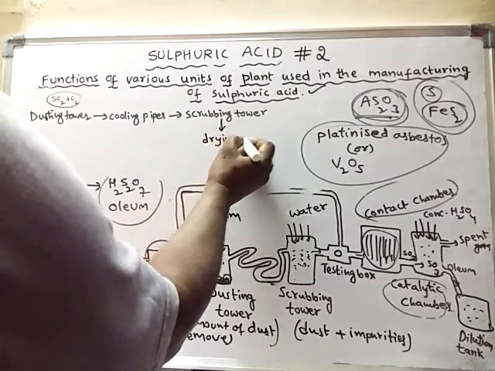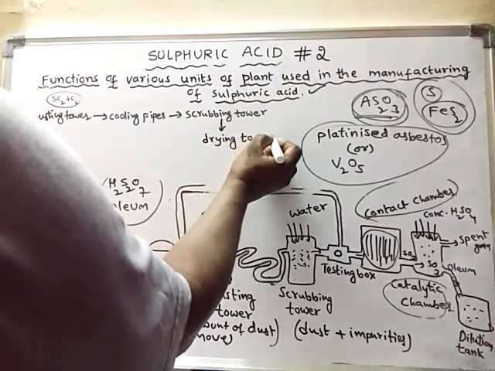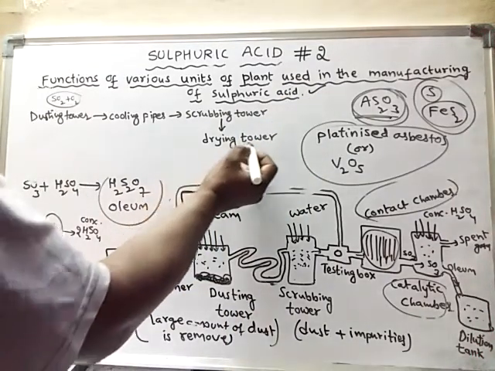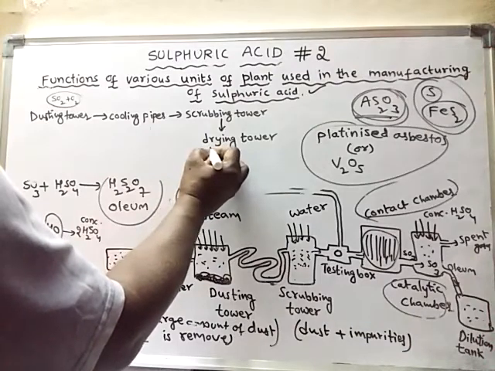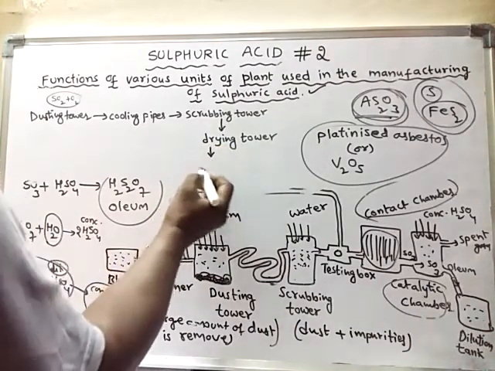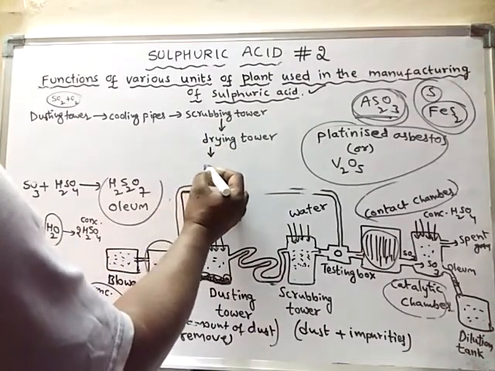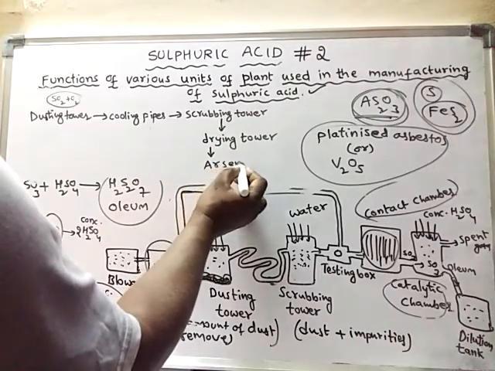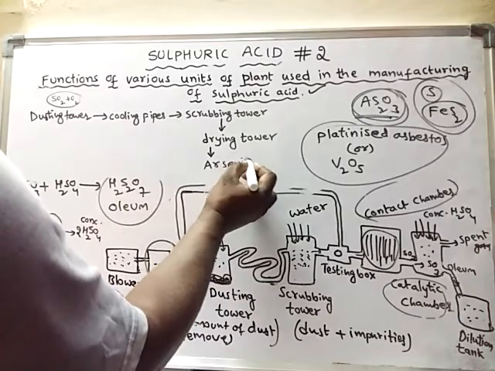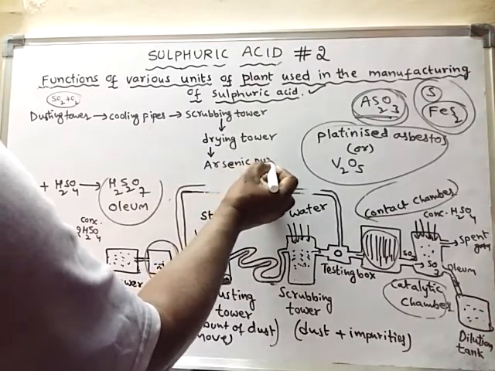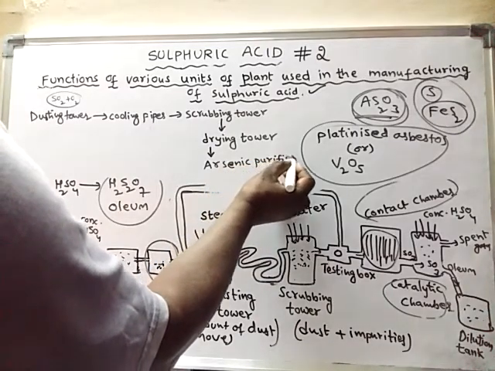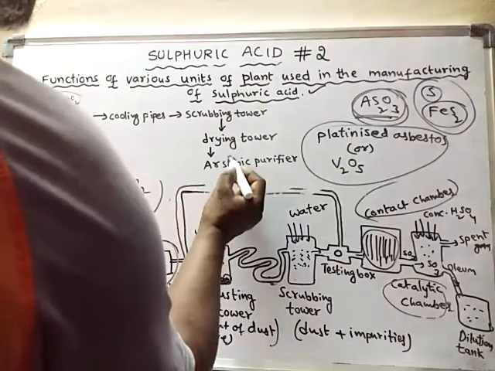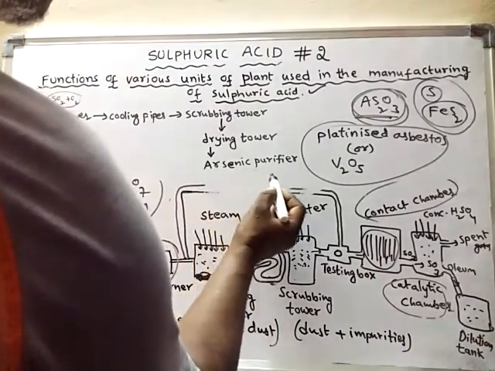After entering the drying tower, we have to make that mixture pass into the arsenic purifier.